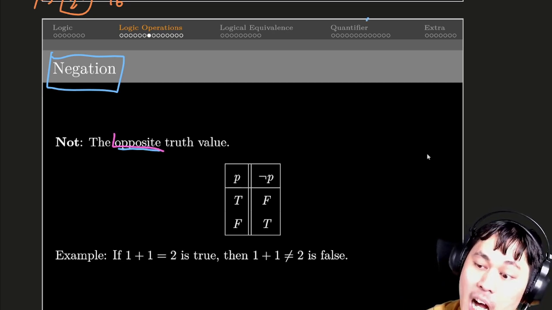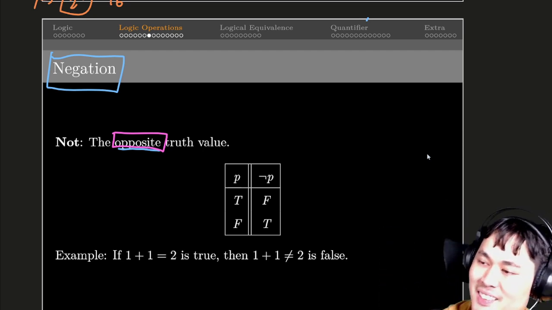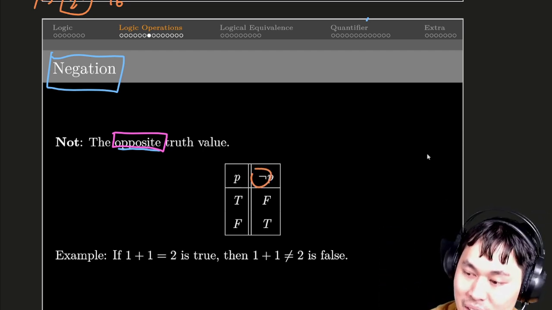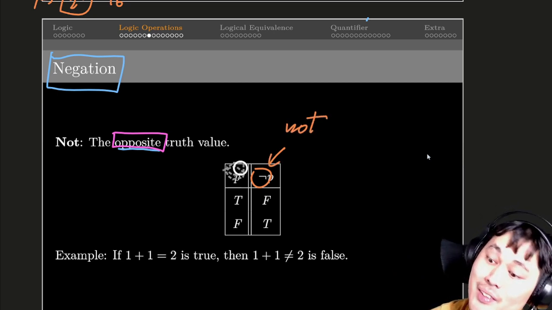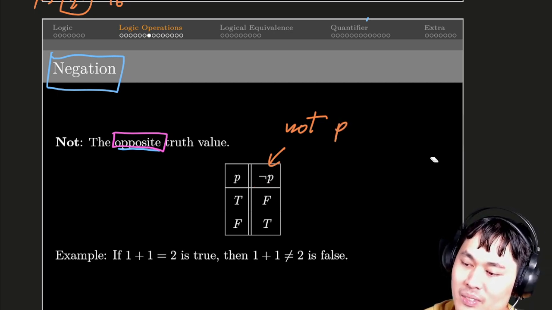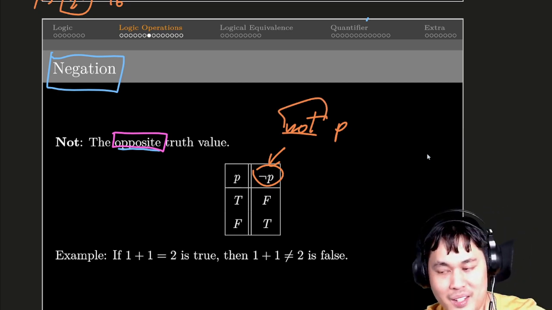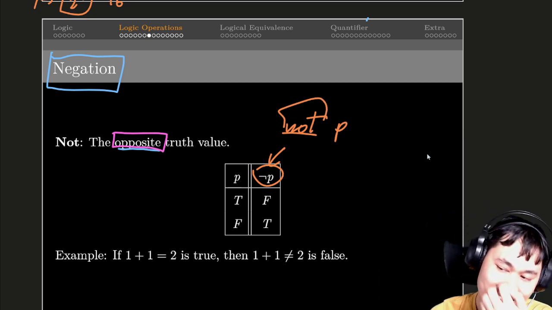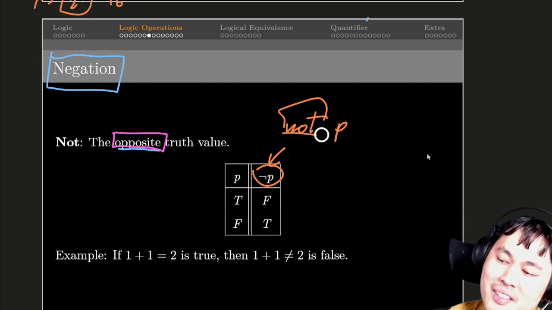Then we have the opposite, which is the description of the negation. And then the way you read this symbol is as not. So if the one on the left is P, you read this as not P. In a sense, we use 3 different words to explain the same concept of flipping the truth value: negation, opposite, and not.